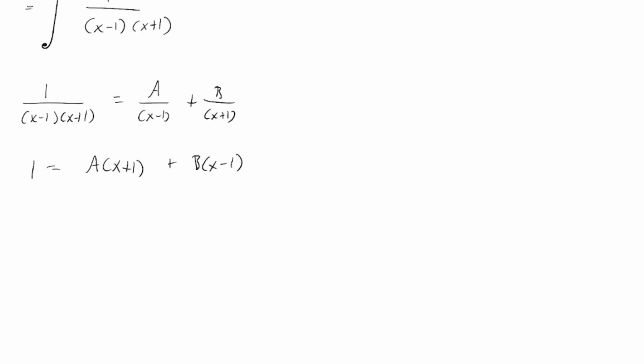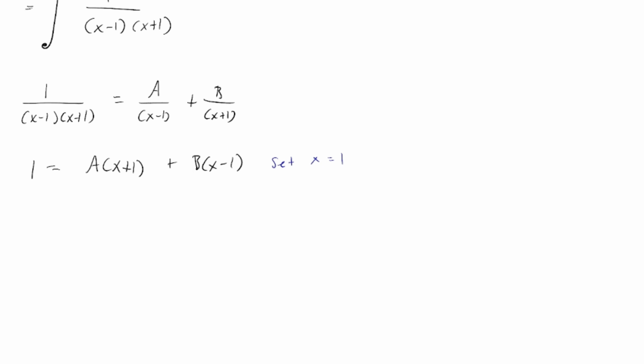Now we have to find these variables. The best way to do this in this special case is to set one of the terms to 0. If I plug in 1 here, this will be set to 0 and I can figure out my A. I'm going to put this in blue: set x equal to 1, so this entire chunk becomes 0.